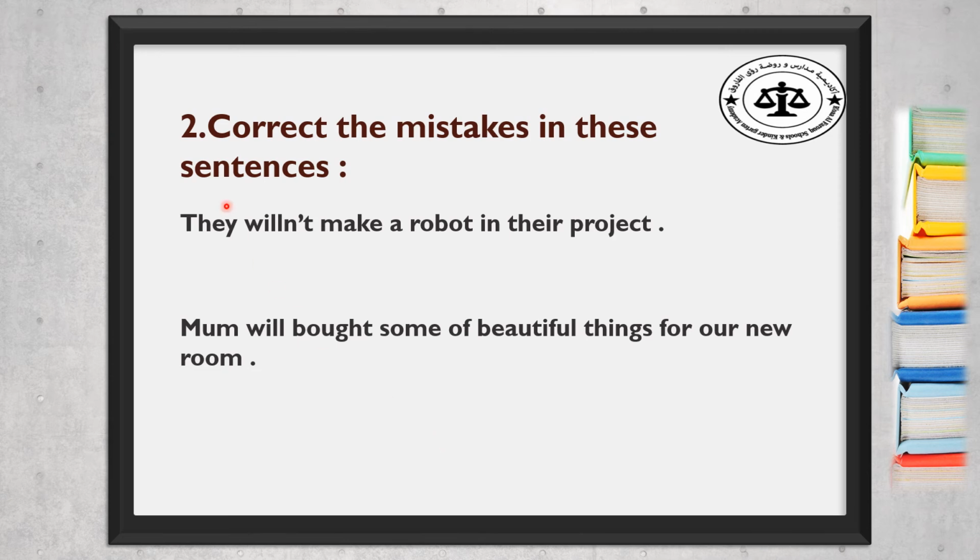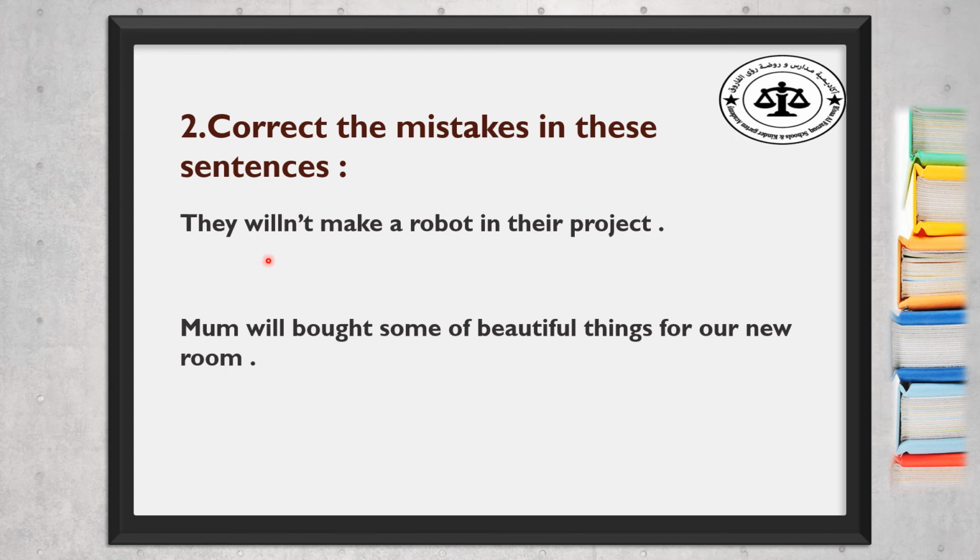Exercise number 2. Correct the mistakes in these sentences. Here we have 2 sentences, and in each sentence we have a mistake. Let's correct it. Number 1. They won't make a robot in their project.